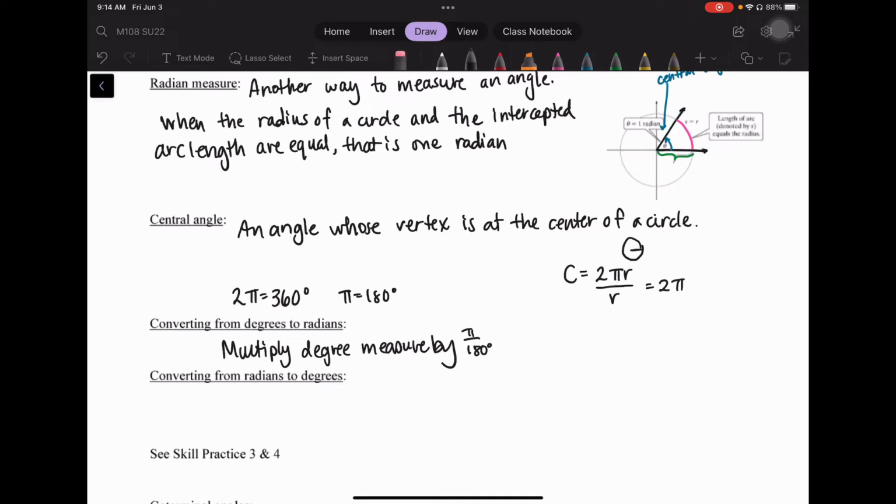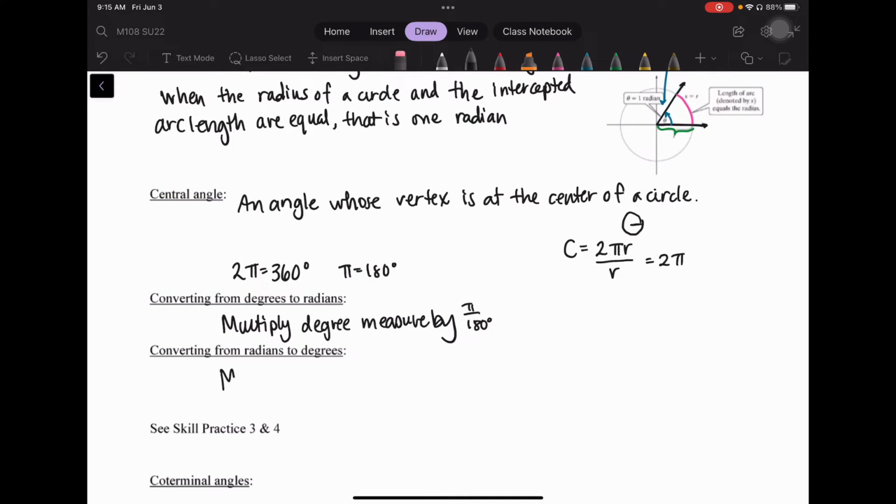When you're converting from radians to degrees, you then multiply the radian measure by 180 over pi. We have some examples that you can look at.